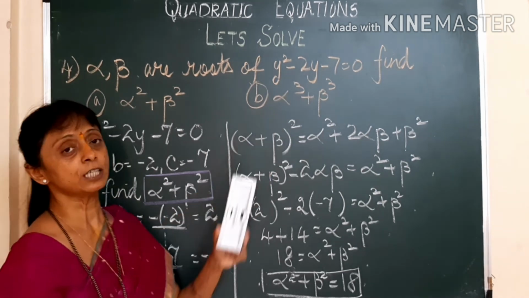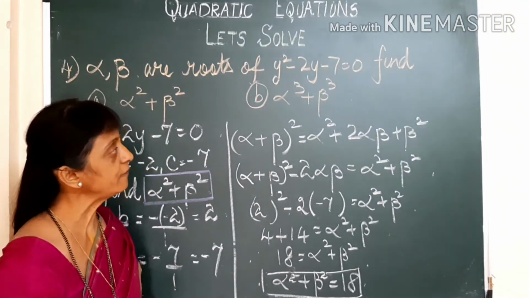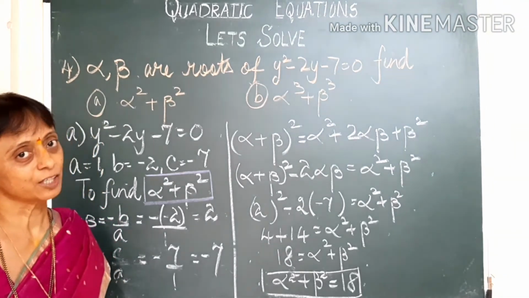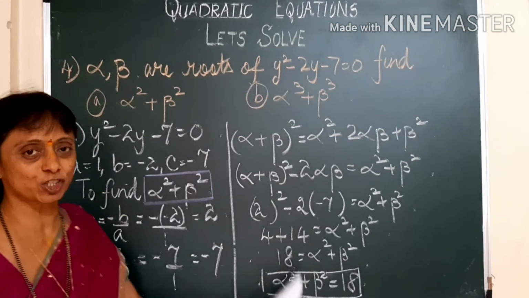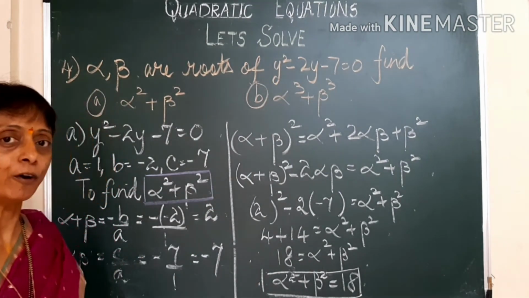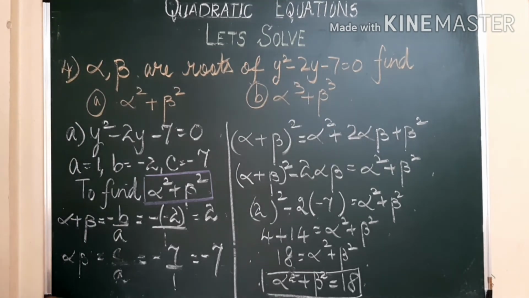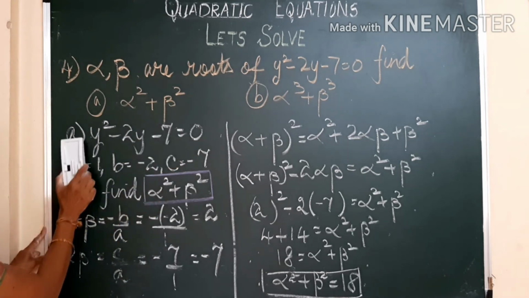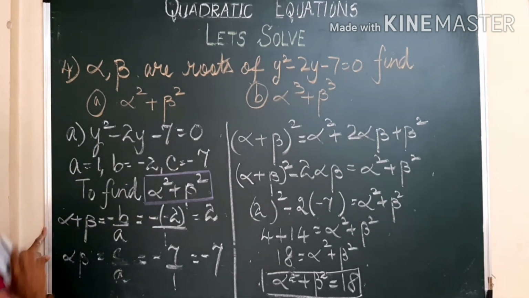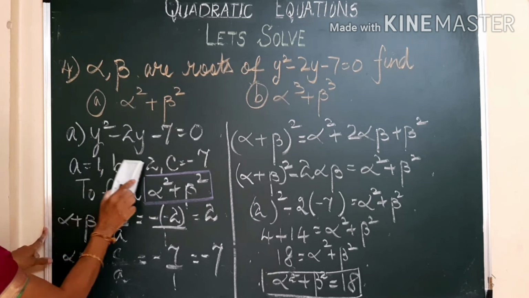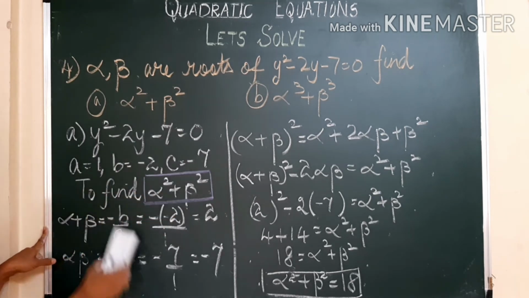Now we are left with to find out the answer for alpha cube plus beta cube. So just go through these steps, children. How did we get the answer for alpha square plus beta square? Now I will rub out the board. So what remains same? The equation remains same. The value of A, B, C also remain the same.